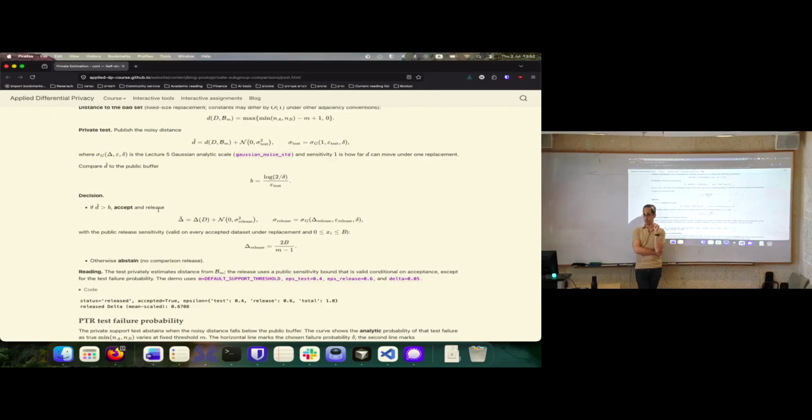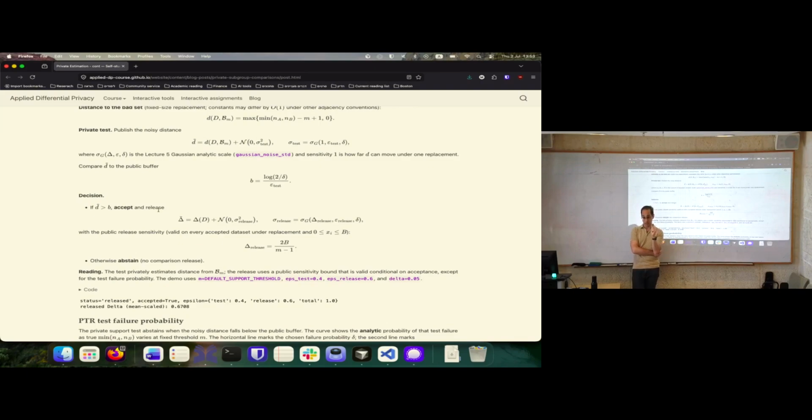So I do the following. First, I check whether indeed more than 350 people are in the smaller group. Second, I release the private quantity with sensitivity that is scaled to 350.